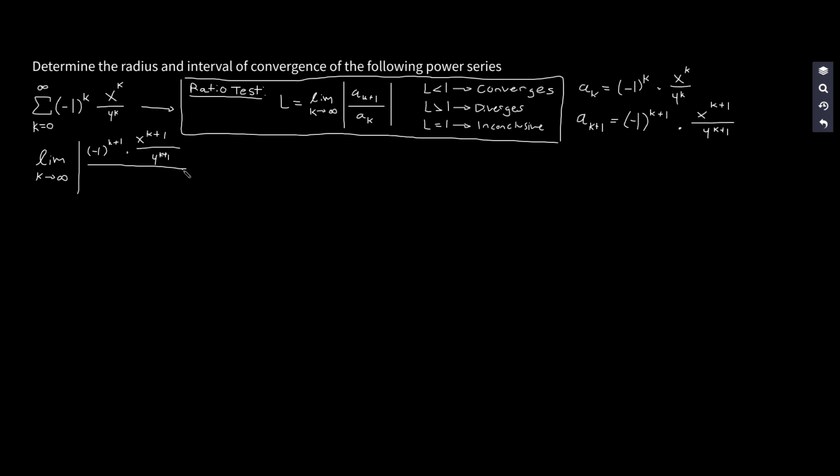Then the denominator, it's going to be -1 raised to the power of k times the rational expression x raised to the power of k over 4 raised to the power of k. And then let's reciprocate for simplification purposes, the limit as k approaches infinity.